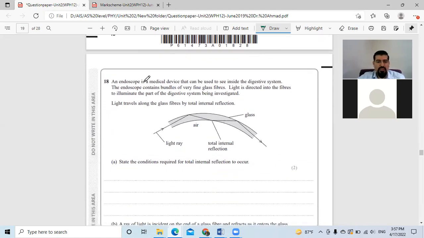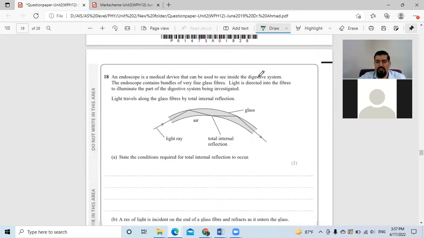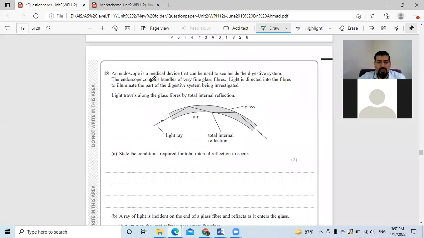An endoscope is a medical device that can be used to see inside a digestive system. The endoscope contains a bundle of very thin glass fibers. Light is directed into the fibers to illuminate the part of the digestive system being investigated. Light travels along the glass fiber by total internal reflection.